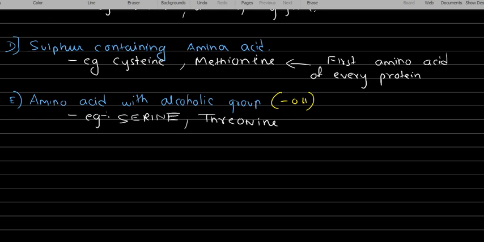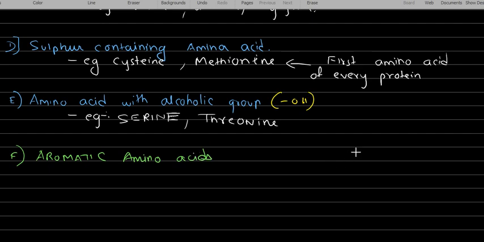You will also have amino acids which have aromatic rings. So they are known as aromatic amino acids.